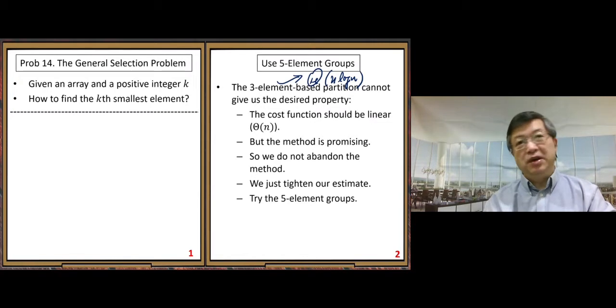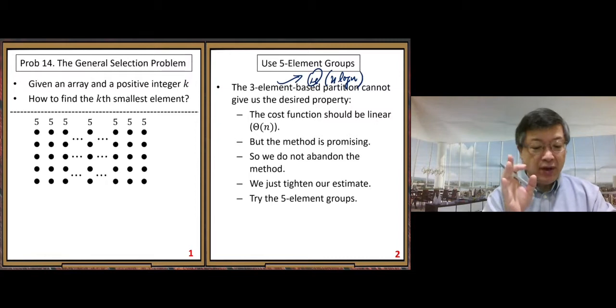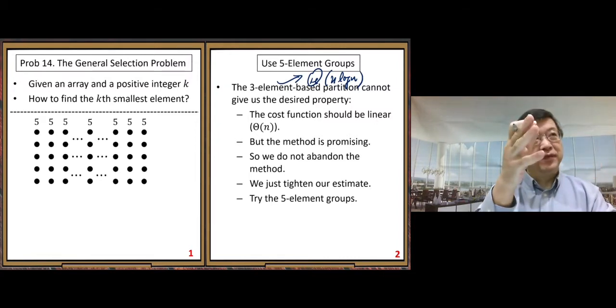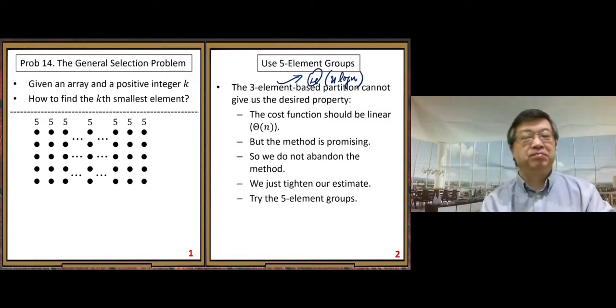So let's look at the whole procedure another time with group size 5. Each group has 5 elements.